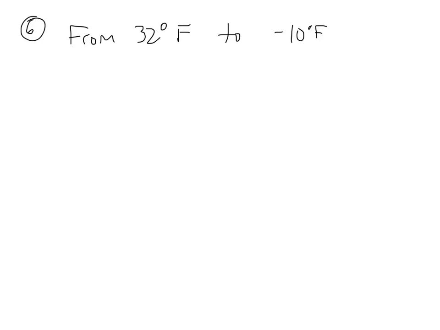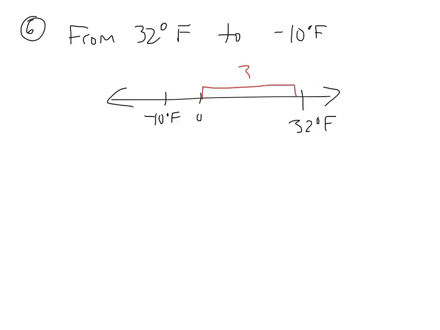So it changed from, visually, it went from 32 degrees Fahrenheit on the number line. That would be 0 approximately, and there would be negative 10 degrees Fahrenheit. So it changed this much. So what we could think of is, hey, how much distance is between 0 and 32? 32. How much distance is between 0 and 10? 10.